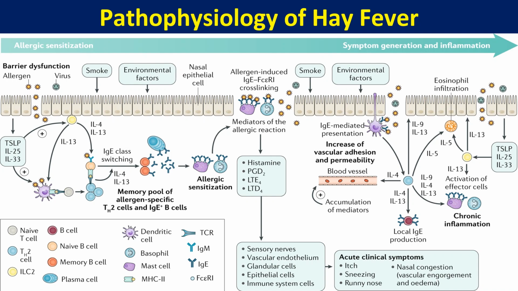Similarly, subsequent cytokine production by the memory allergen specific T cells causes inflammatory infiltration and eosinophil recruitment within a few hours. So this is how it is going to start from this side, and how it causes different signs and symptoms of hay fever.